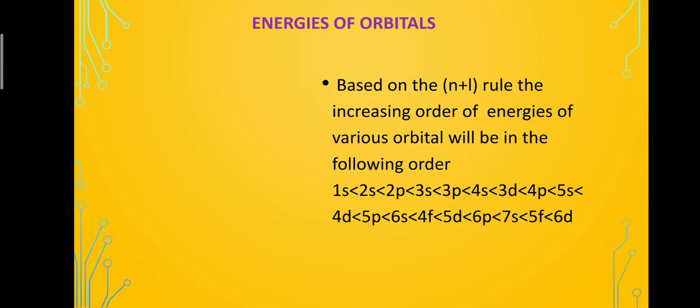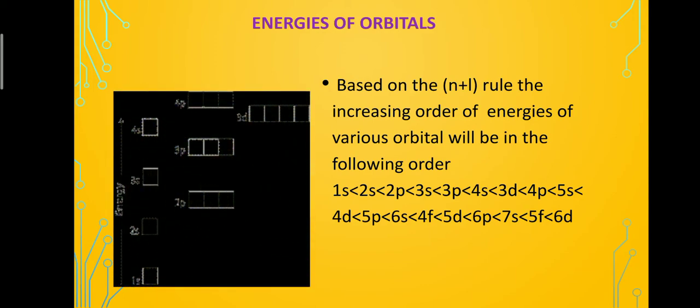So based on the n plus l rule, the increasing order of energies of various orbitals will be in the following order. You can see this: first 1s, 2s, 2p, 3s, 3p, then 4s, 3d and 4p. Okay.